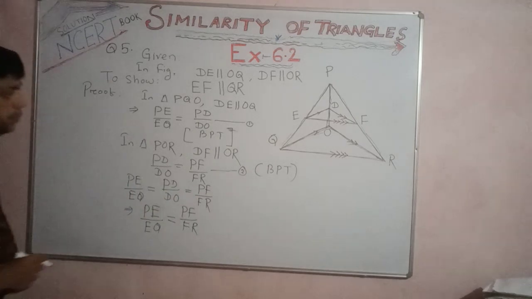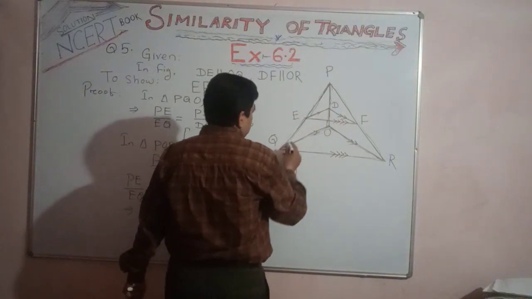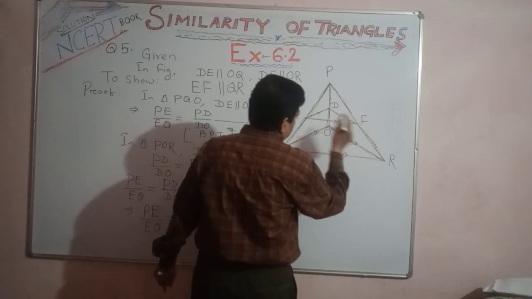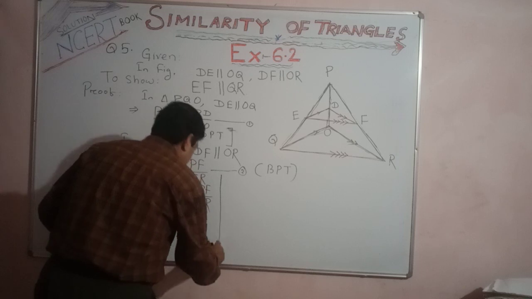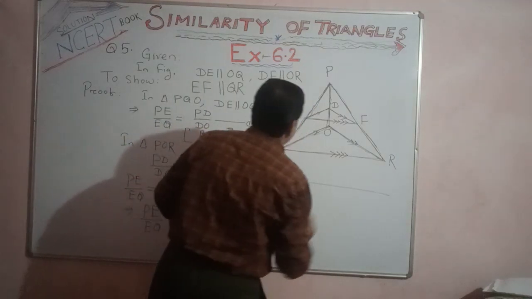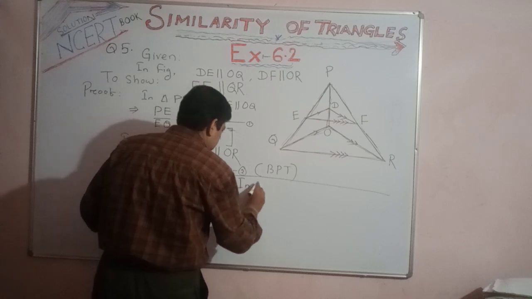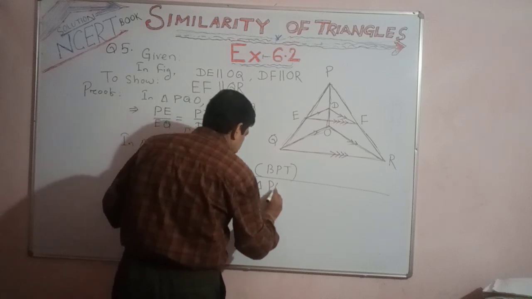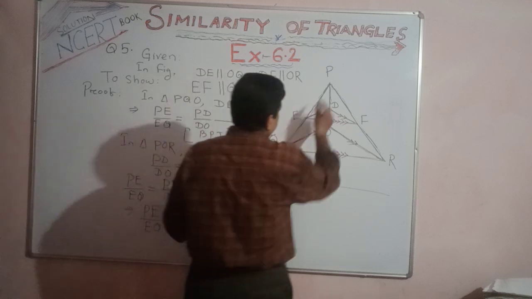So now you got PE upon EQ is equal to PF upon FR. Okay, look carefully here. So in triangle PQR, are you finding anything else? Are you observing?